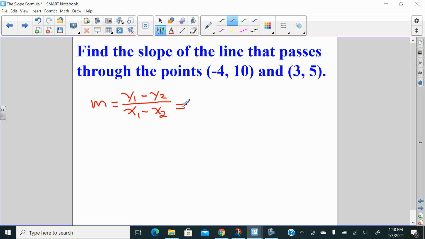Okay, so negative 4 would be playing the part of x1. 10 is playing the part of y1, so that's my 1 pair. My 2 pair, 3 is x2, 5 is y2, which means that I start off with 10 minus 5, y1 minus y2.